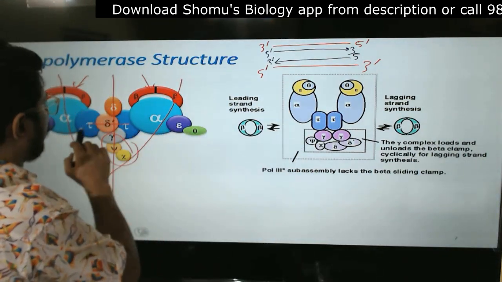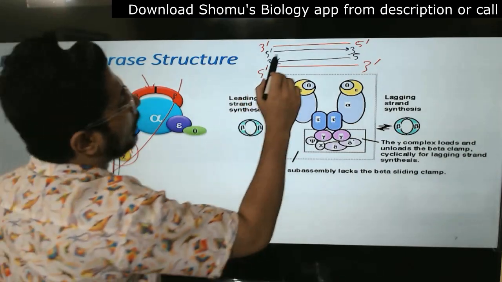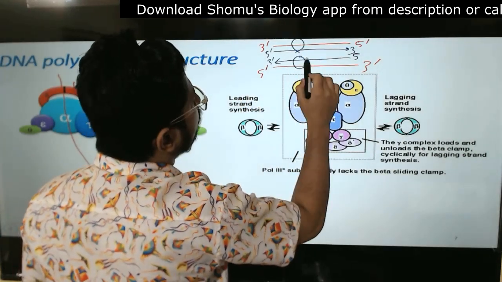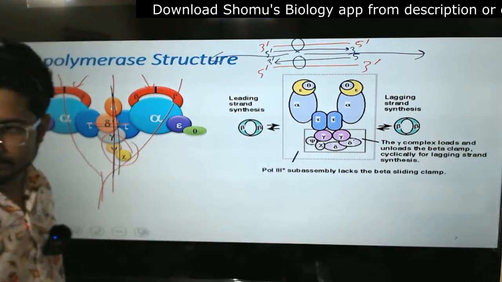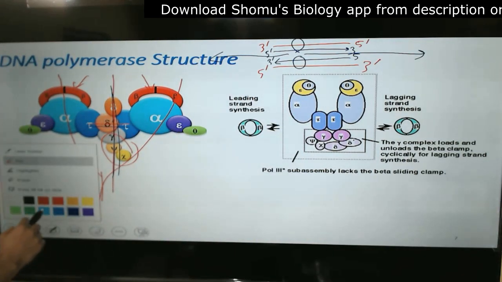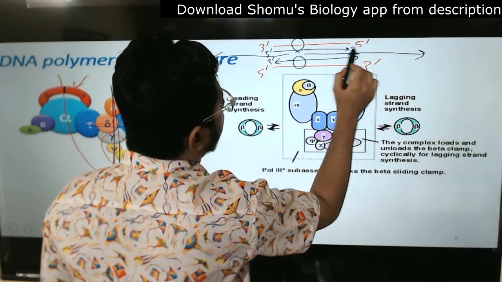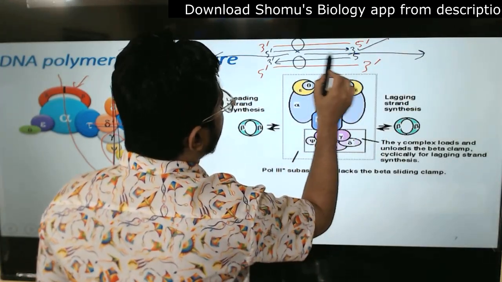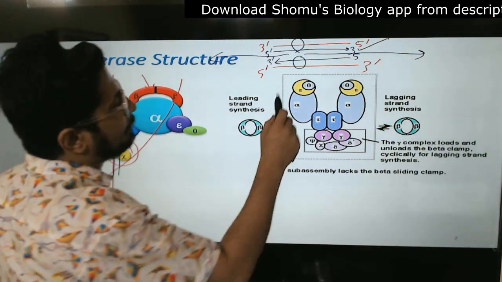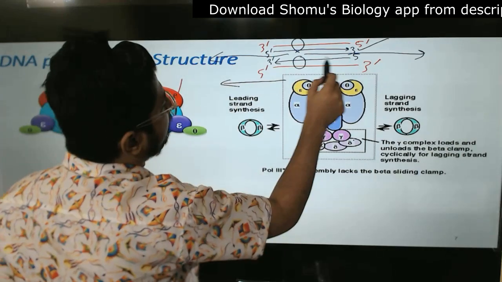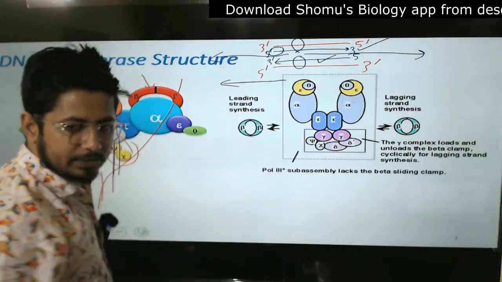This polymerase, both are connected together by tau. So the polymerase at a time can move in only one direction, either this or this. If polymerase moves right hand side, it's moving 5 to 3' for this strand, but for this it's opposite. And if polymerase is moving from this 5' to 3', this is fine, but for this strand it's opposite.